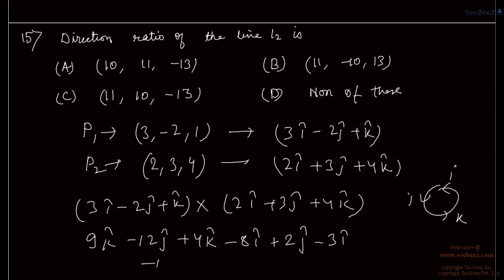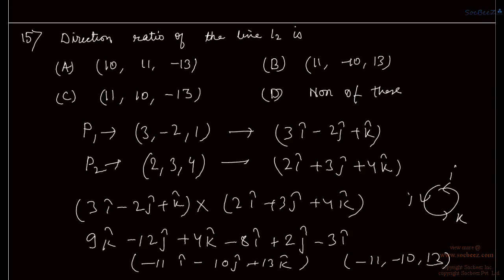So for i it is minus 11i, for j it is minus 10j, and for k it is 13k, right? So minus 11, minus 10 and 13 is the direction ratio.